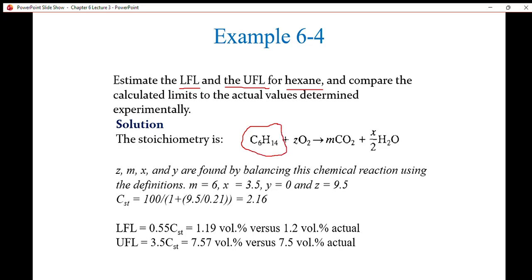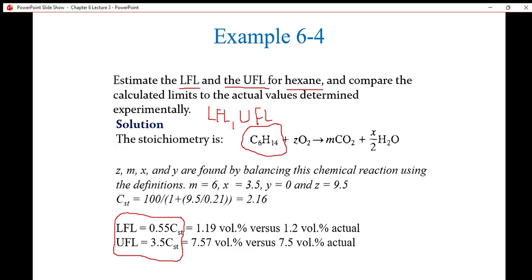So directly the first thing we need to do is calculate the lower flammability limit and upper flammability limit for hexane, and you have to keep in mind that hexane is a hydrocarbon, which means I can simply use the formulas that we have learned before, lower and upper flammability limit as a function of the stoichiometric concentration.